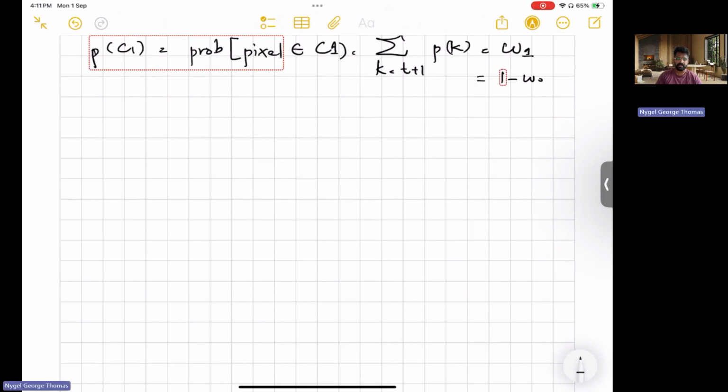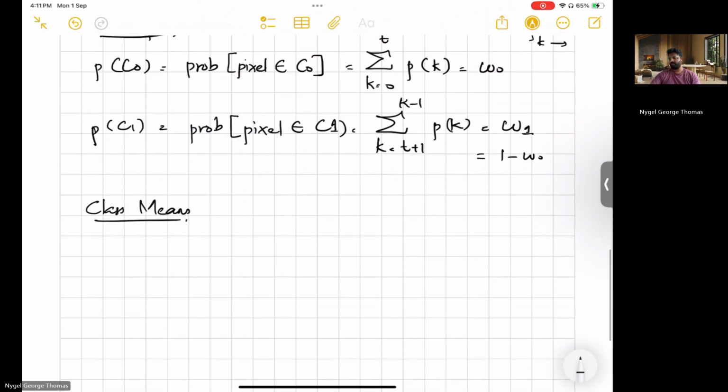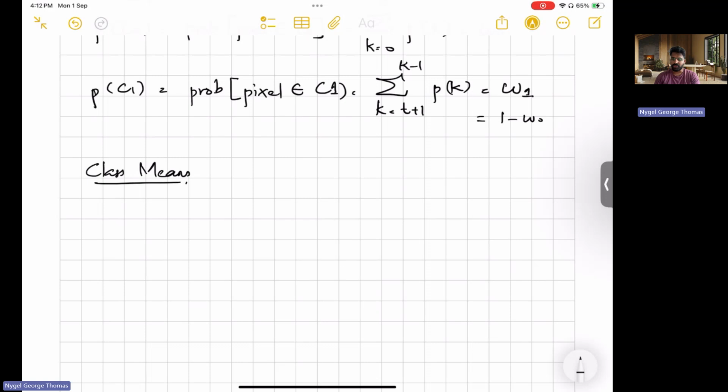Defined class probabilities. Now we have to define class means. There's something which we have to consider.